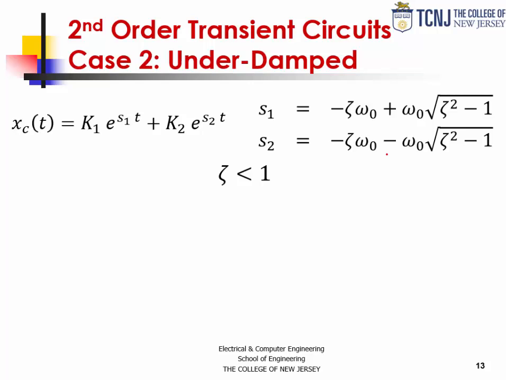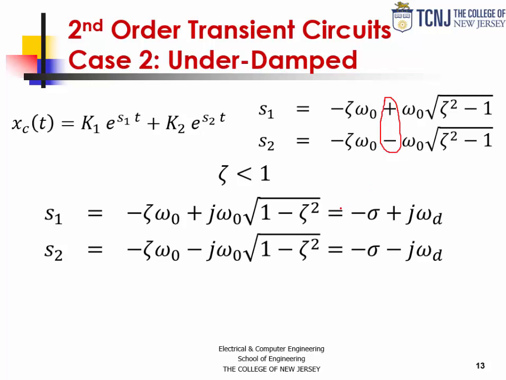Therefore, S1 and S2 are going to be two distinct complex roots that are complex conjugates of each other because of the different signs in these expressions. Another way of writing the roots is minus sigma plus j omega d and minus sigma minus j omega d.